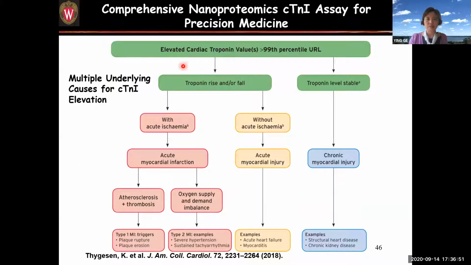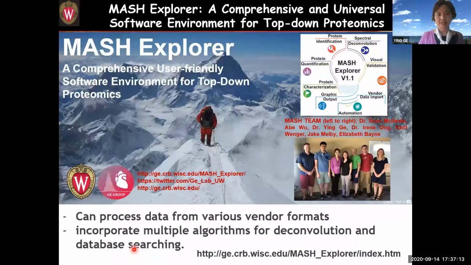We essentially use this for precision medicine, because there are so many different causes for troponin elevation, and based on the ELISA, just a color change is not enough. So we hope to use PTMs as next generation biomarkers, and we are now trying to implement a large scale clinical study.